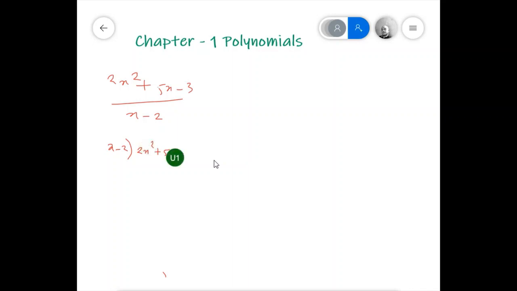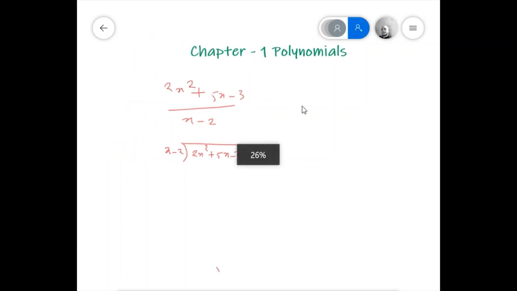Okay, so now in order to divide, there are some rules for the division. So what the first step says, we will write the steps as well in this.